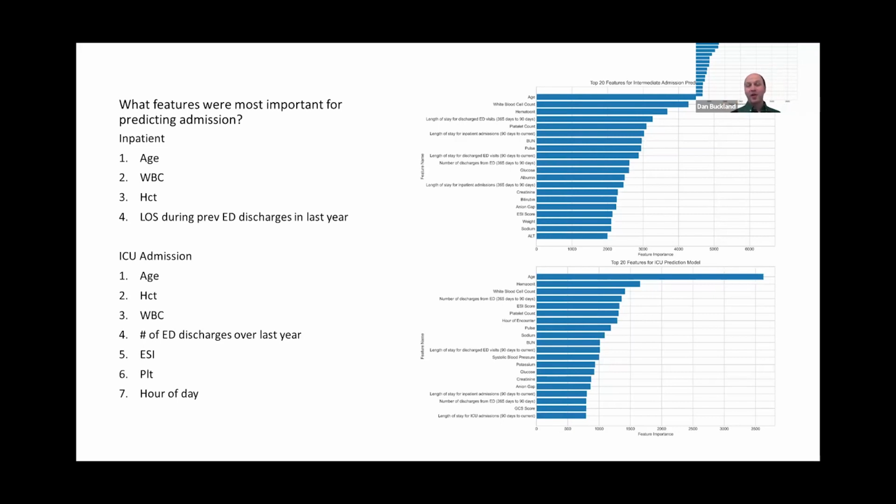The second one being the white blood cell count. If you ask most clinicians what's most predictive of needing admission, they would not point to the white blood cell count. They would say something like heart rate or blood pressure. The problem is the quality of the data of heart rate and blood pressure is just not as consistent as white blood cell count. Your white blood cell count is probably correct compared to what it is in reality.